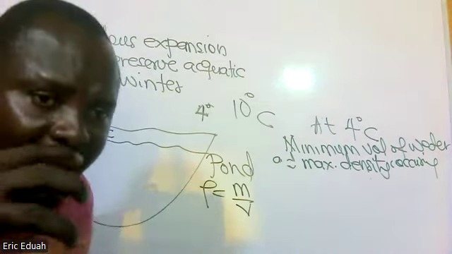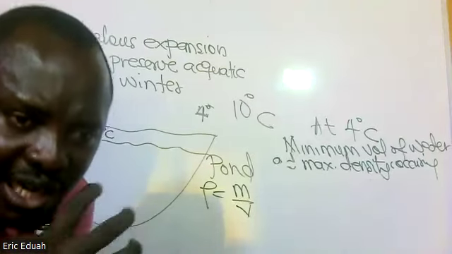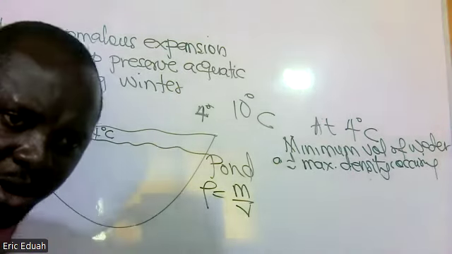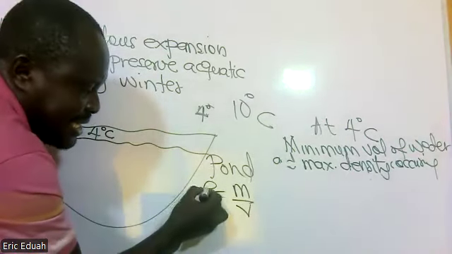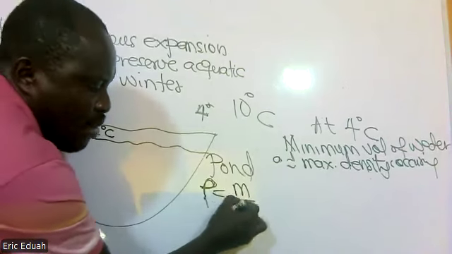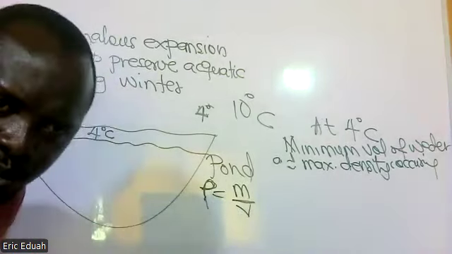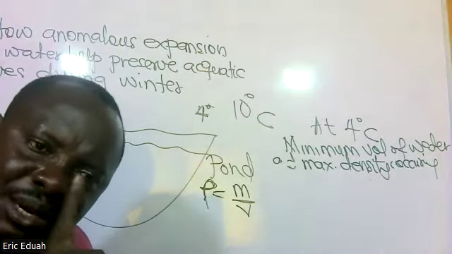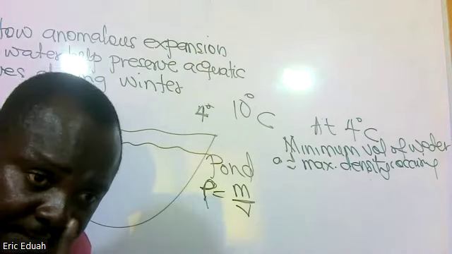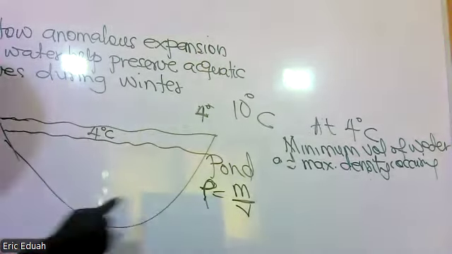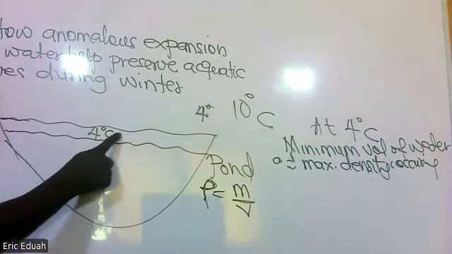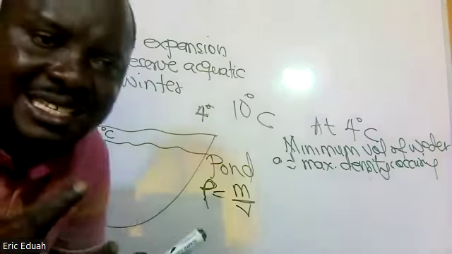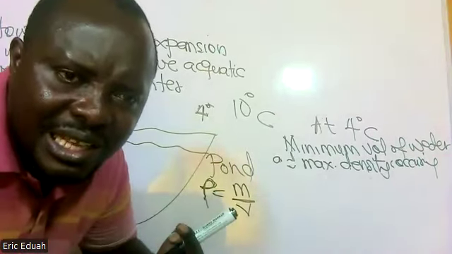So at 4, water has contracted or shrunk, and we have its minimum volume occurring. The minimum volume implies that the density of water will be maximum at that temperature, 4. So if its density is maximum at 4, then at a temperature of 4 degrees Celsius, water has the heaviest density.